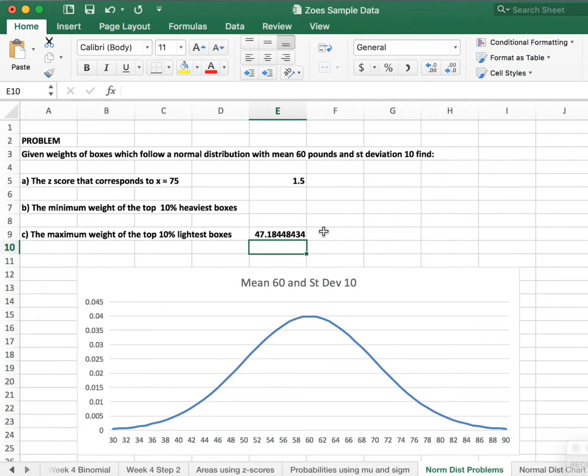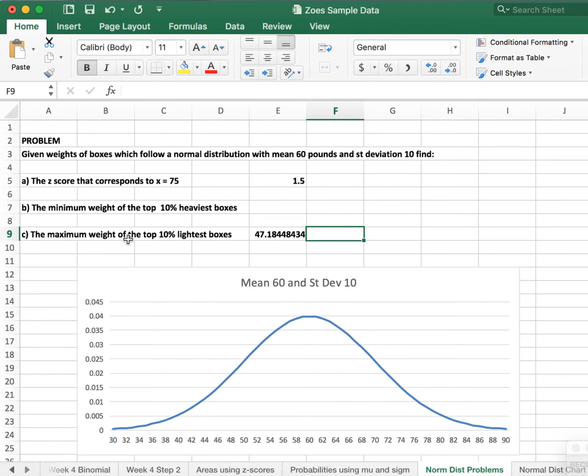This gives me a value of 47.18, right here. So any box weighing under 47.18 pounds is in the bottom 10% of these boxes in terms of weight.